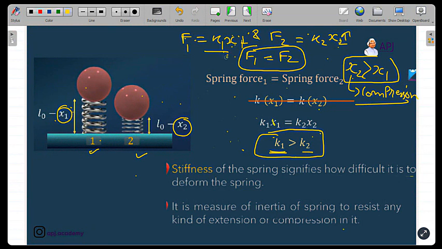and then also both of the forces are equal, then the only thing which is possible is that K1 has to be greater than K2. If X2 is greater than X1, अगर X2 already X1 से ज्यादा है और तब भी मैं कह रहा हूं कि दोनों फोर्स बराबर हैं, तो एक ही कंडीशन हो सकती है कि K1 K2 से ज्यादा हो, ताकि मल्टीप्लाई करने पे F1 F2 बराबर आ जाए.